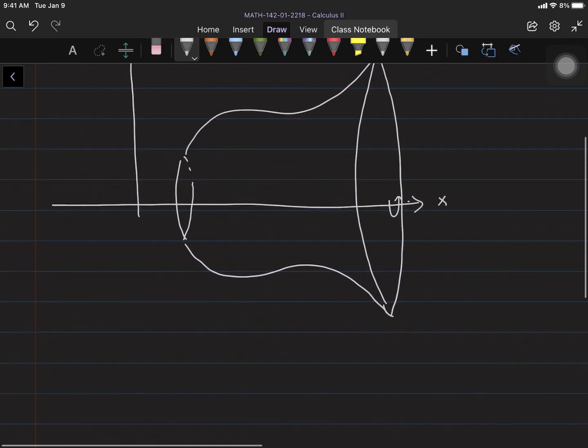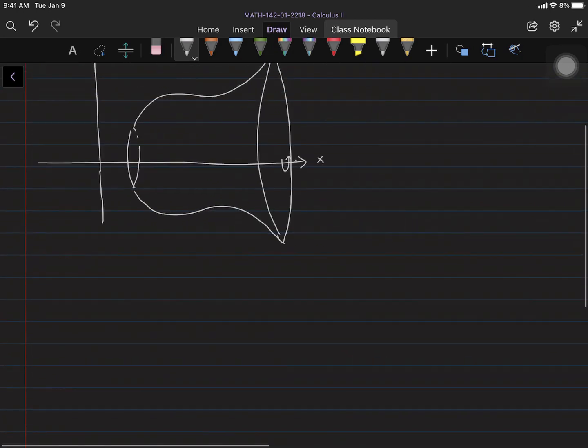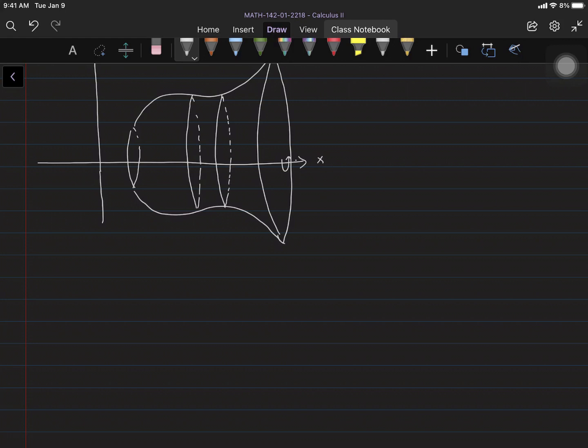So firstly, let's take a look at the idea. We cut this into small pieces, like this way, the same as when we find the volume. So the total surface area is going to be the limit summation of each small piece.